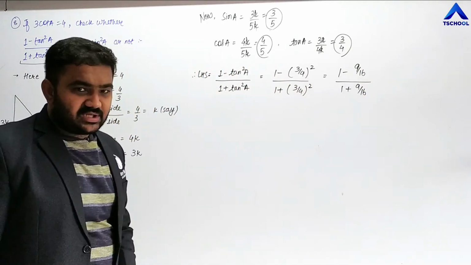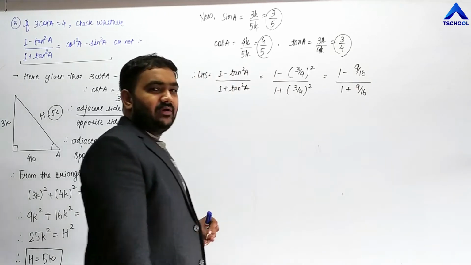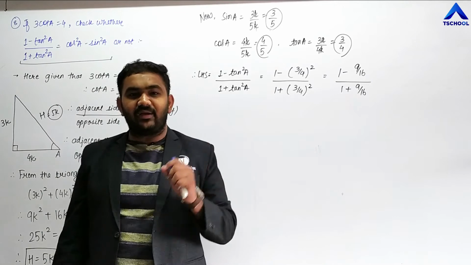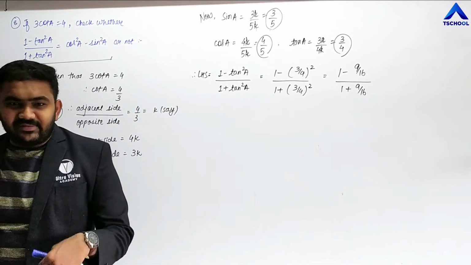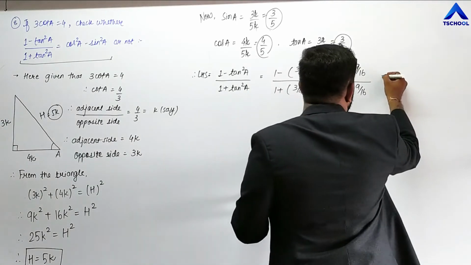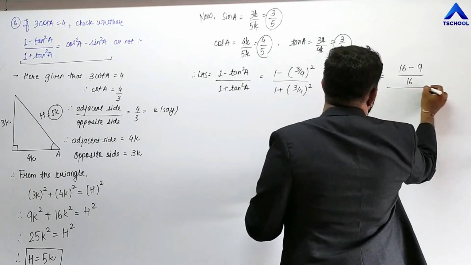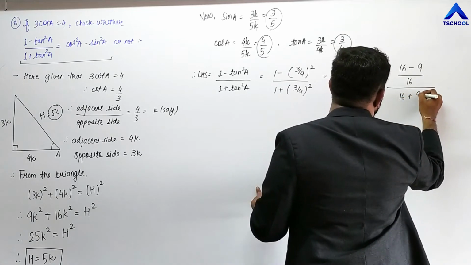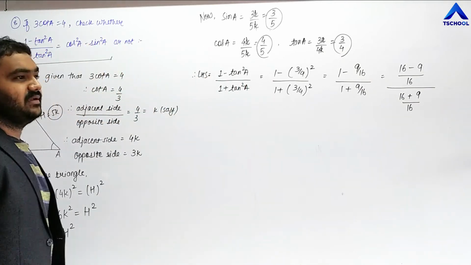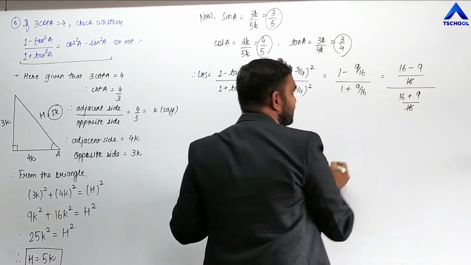Friends, see, you don't directly cancel out these denominators, because there is 1 in addition with this. First of all, you need to take the LCM and then you need to cancel out the denominator. So here that becomes 16 minus 9 upon 16 whole divided by 16 plus 9 upon 16. Is it clear? Now you can cancel out this denominator 16 and 16.